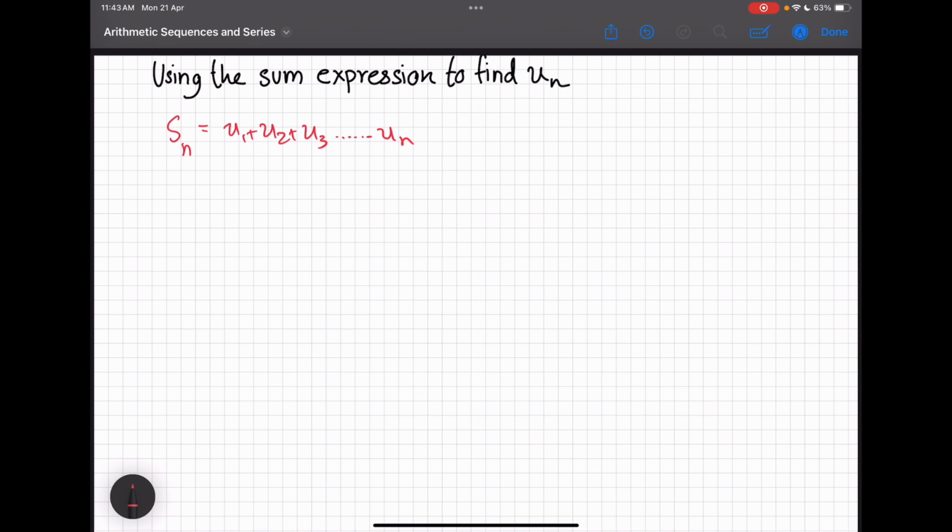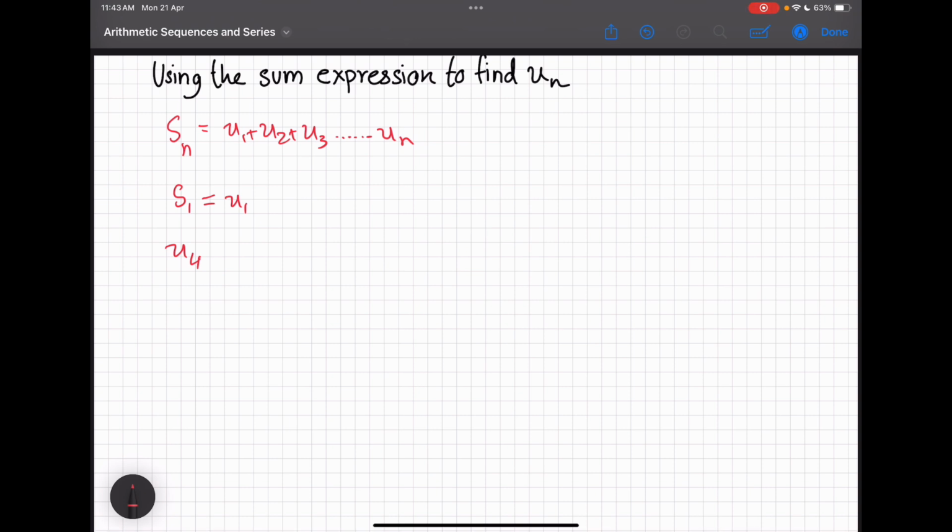So for example, what is S1 equal to? It equals just u1. So you can actually find terms in a sequence just by using the sum formula. So for example, let's say we want to find u4, the fourth term of a sequence, but we only have the sum formula, Sn, right?